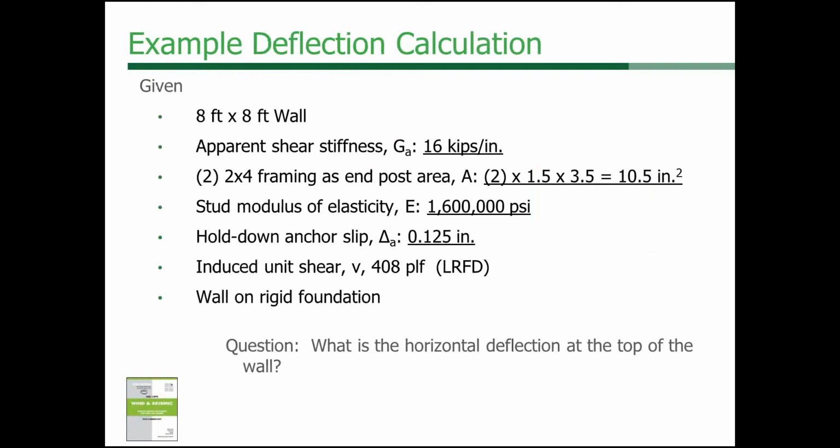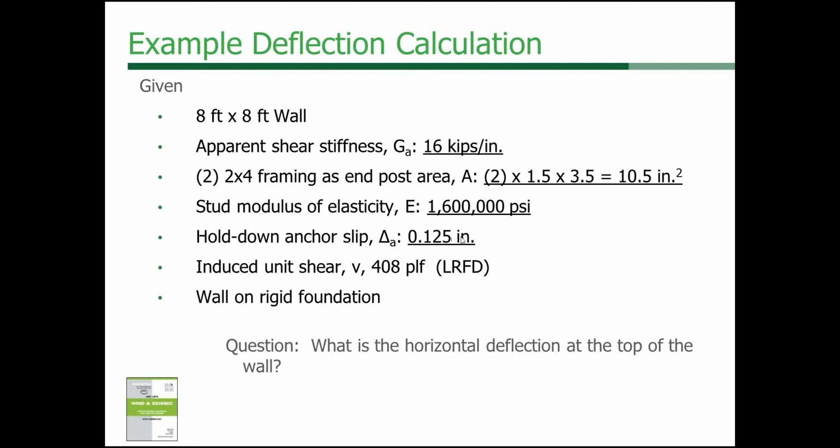Okay, so given an example, we'll run through this quickly: for an 8x8, we have an apparent shear stiffness of 16 kip per inch, and then we have double studs at the end, which gives you 10.5 square inches of area.